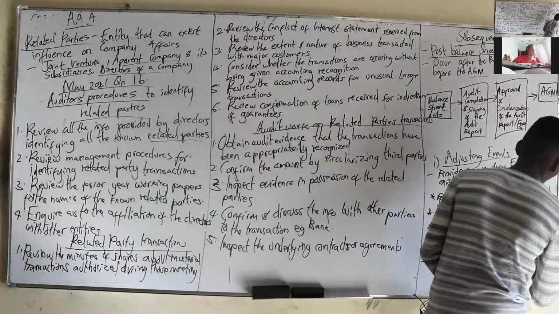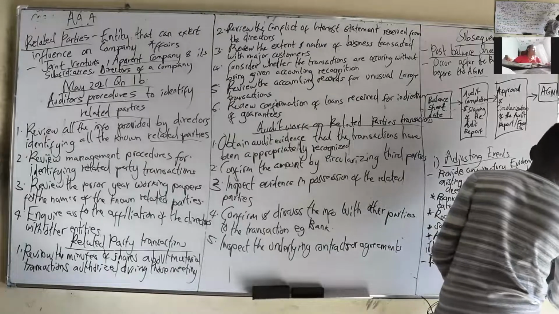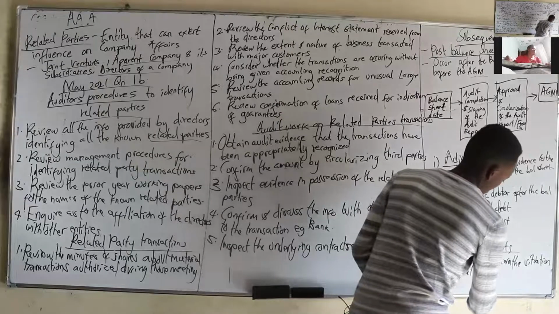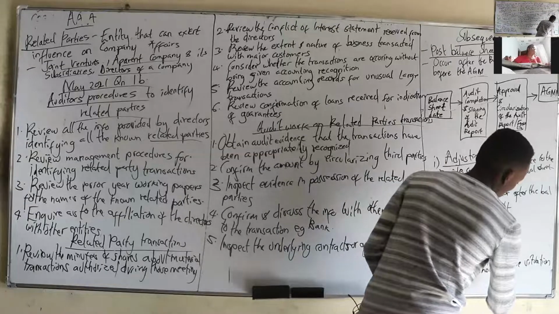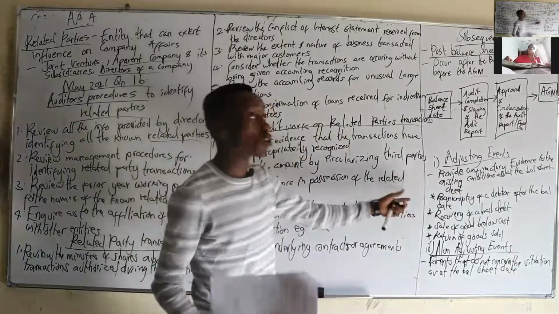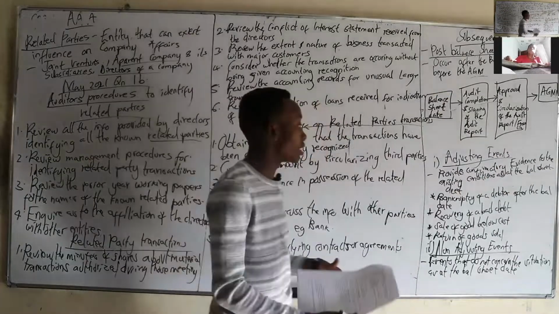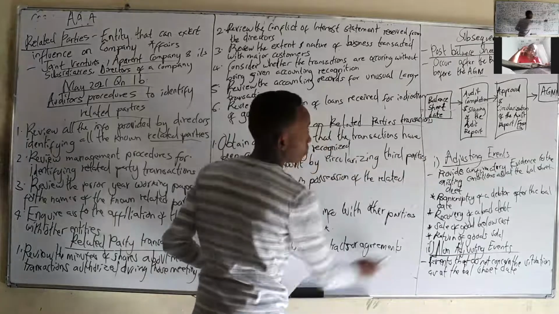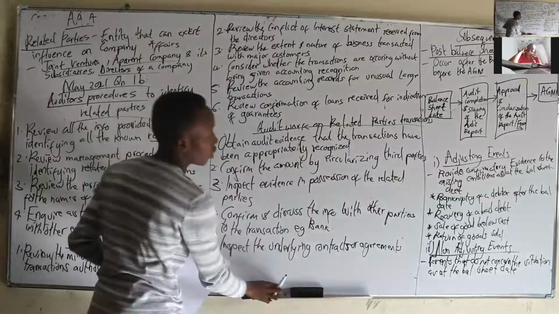Why this is very important is that if the auditor does not pay keen attention to the subsequent events, it means he will be reporting on items that have not yet been fully either adjusted or disclosed.